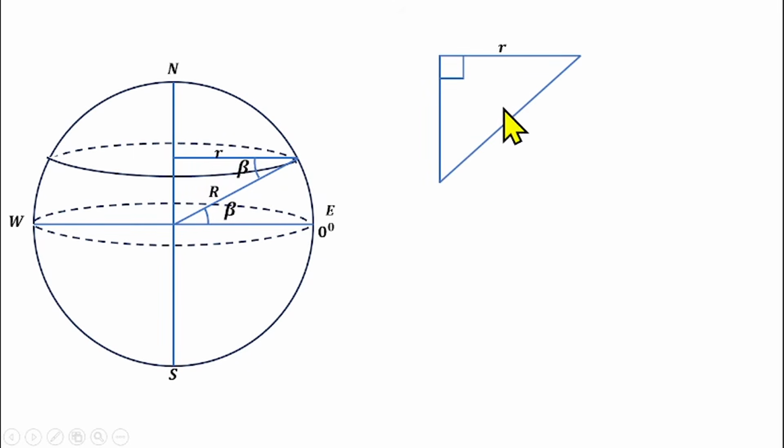This is small r, this is capital letter R, and this angle is beta. We can find the relationship between small r, capital R and beta using a trigonometric ratio. That is adjacent over hypotenuse, which is cos. So cos beta equals small letter r over big R.